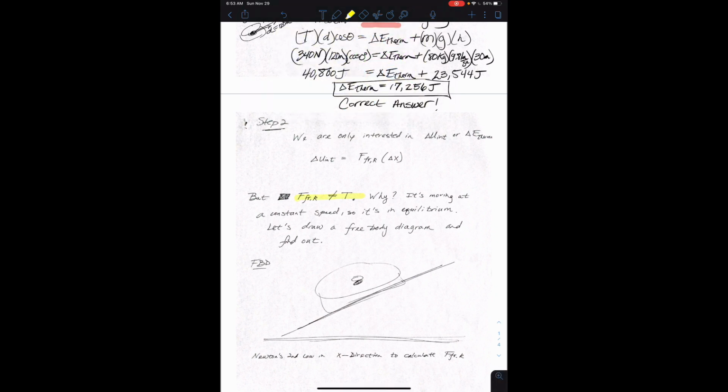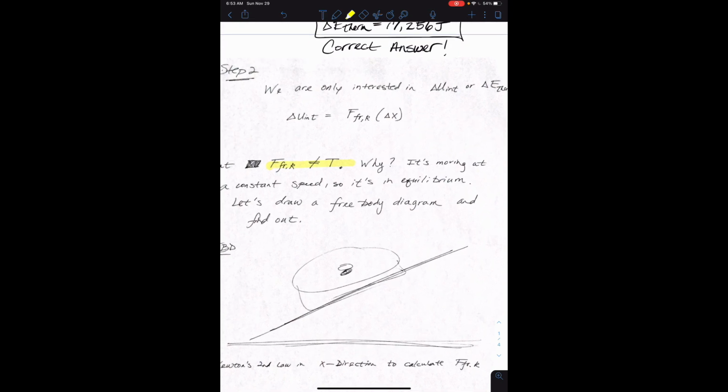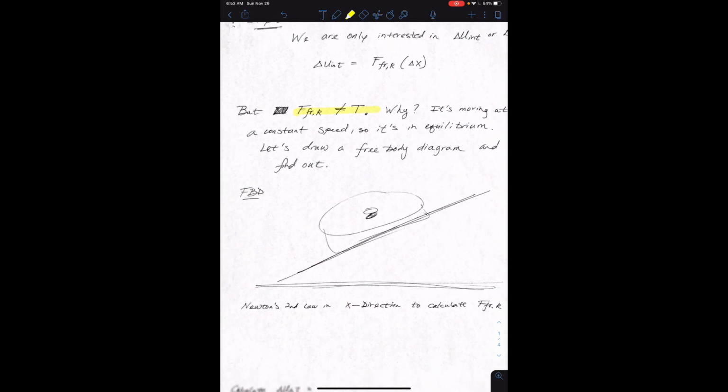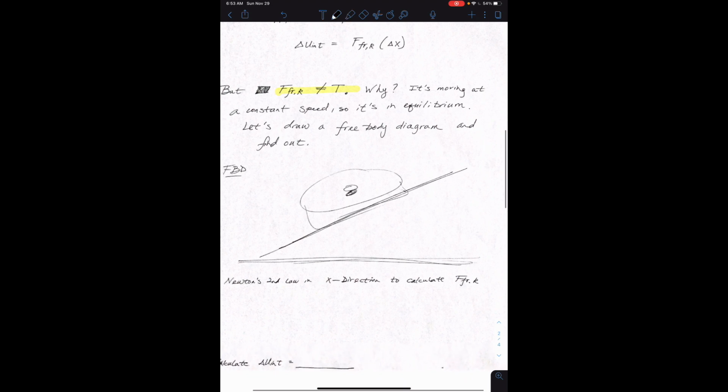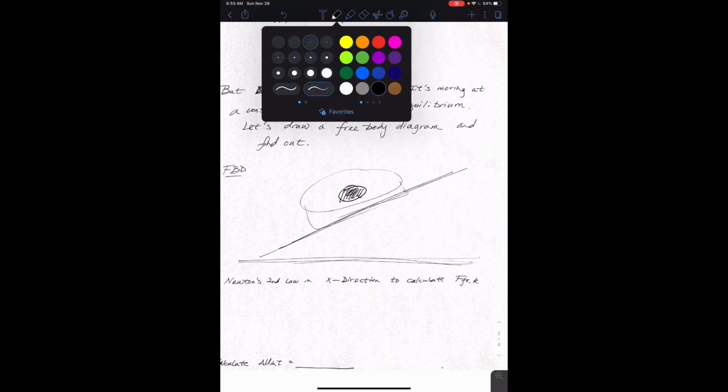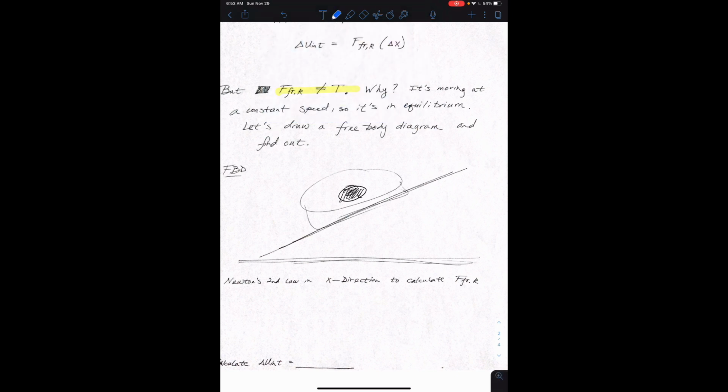Friction kinetic does not equal tension, right? But why? It's moving at a constant speed, so it's in equilibrium. Well, you have to remember when you draw your free body diagram. I think that is the problem that I made when I first did this, and I think students made in the past too, and that's why this ended up in a note guide, right?